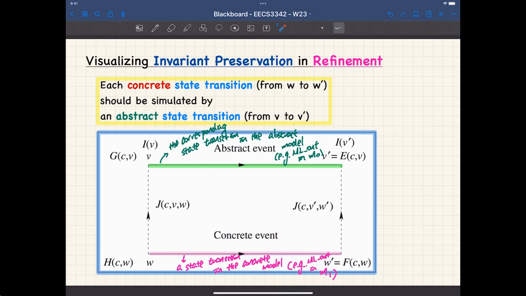One is, this part here is the pre-states of the transition, right? I'll write it down. Think about this as the pre-states of the abstract transition.